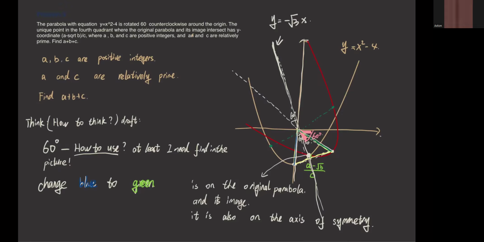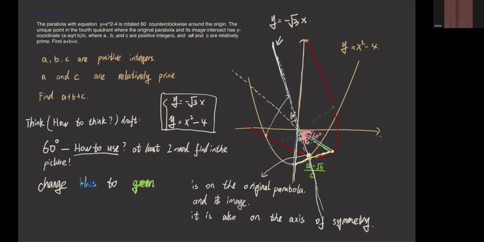So that means I have two functions. One is y is equal to negative square root of 3 times x, and one is y is equal to x squared minus 4. Together, you can get two solutions, actually. If you draw a very good picture, you will find this point is on the line, and this one is also on the line.